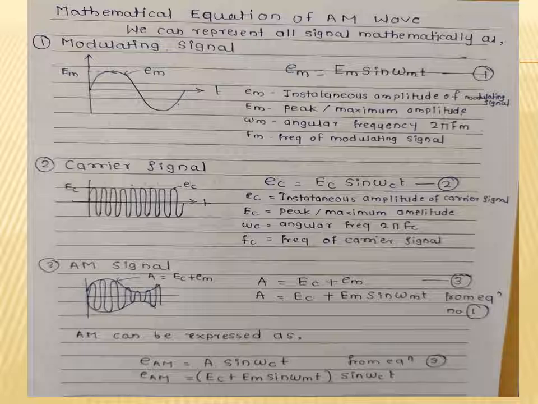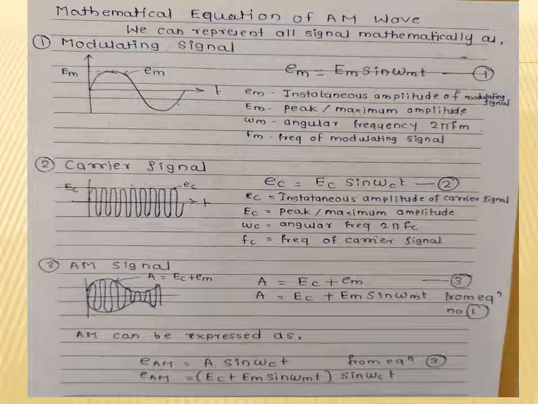So EC plus your envelope, which is represented by EM. Put the value of EM from equation number 1: EC plus EM sine of omega mt. Next, in equation number 4, you have to put the value of A. So EAM is equal to A into sine of omega ct.